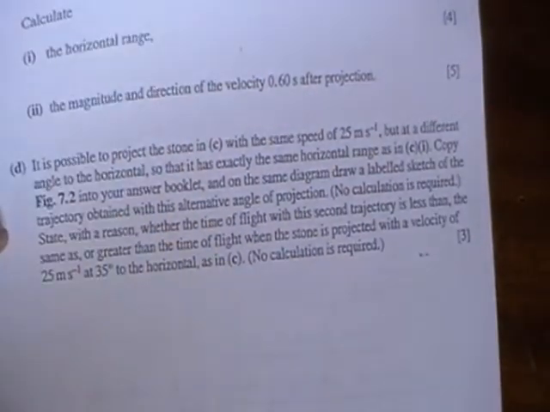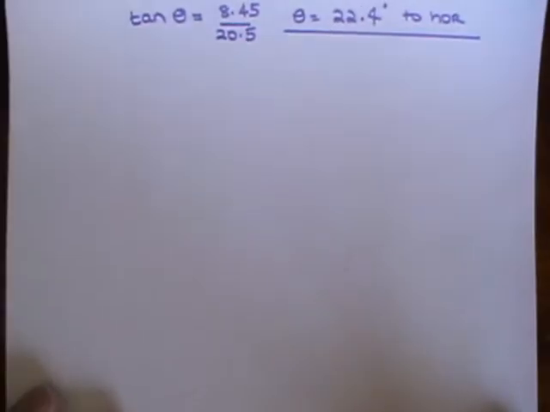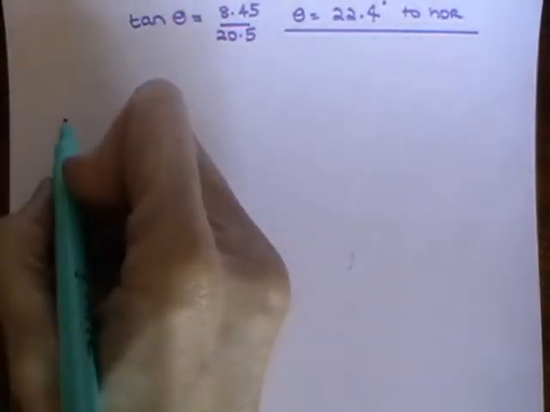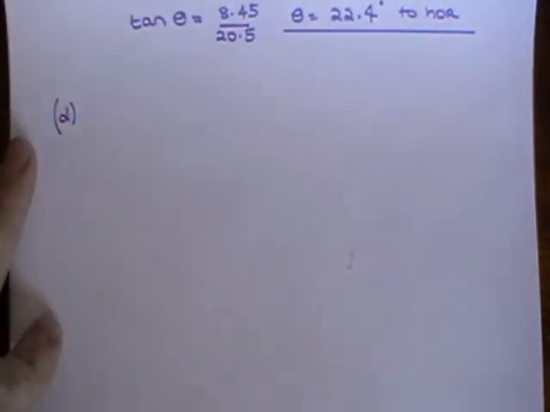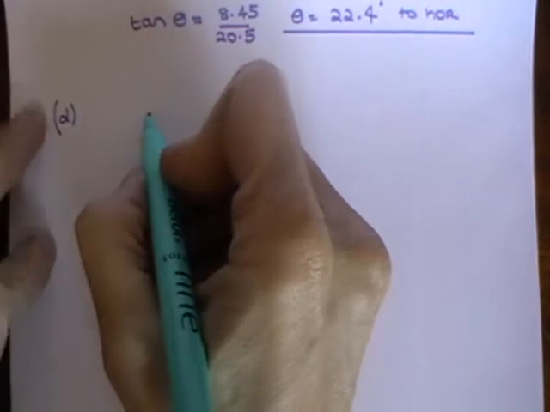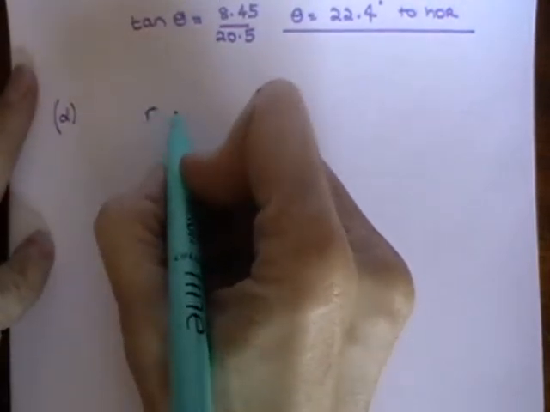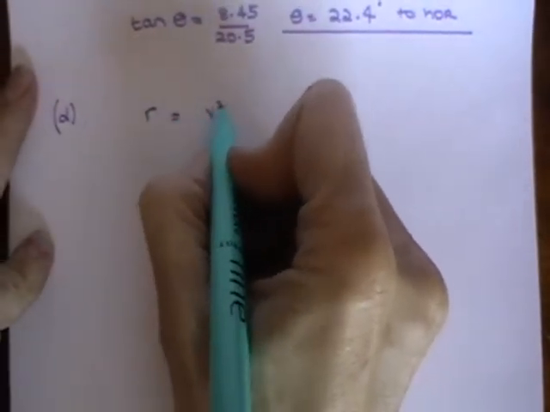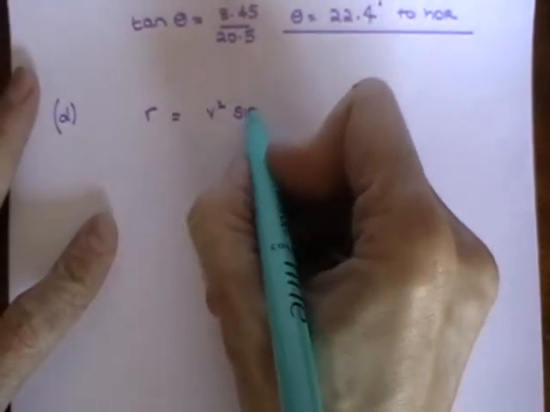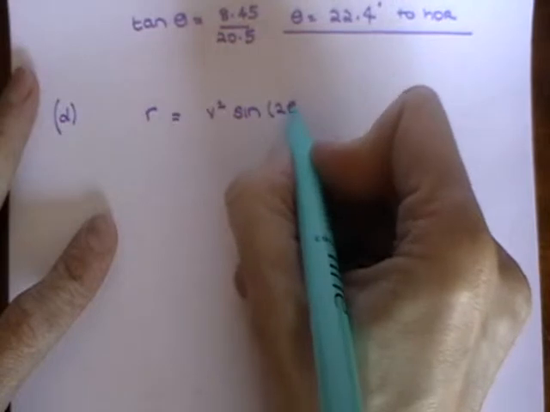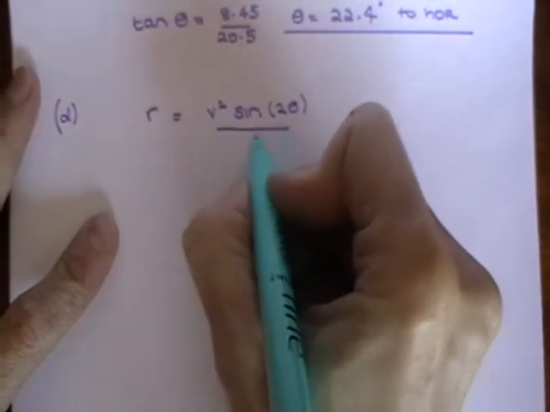we'll just do this bit on a piece of file paper again. So we have got an equation to calculate the range, and the range is equal to v squared, which is your original velocity of your projectile, times the sine of 2 theta, divided by g.